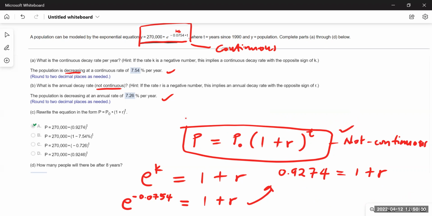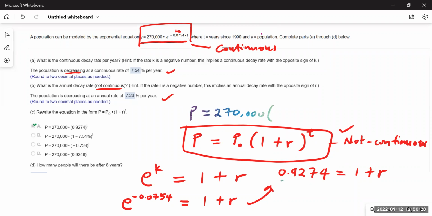Now, P naught has been given in the question already. P naught was given as 270,000. So we put 270,000 right there. Now we do 1 plus R.